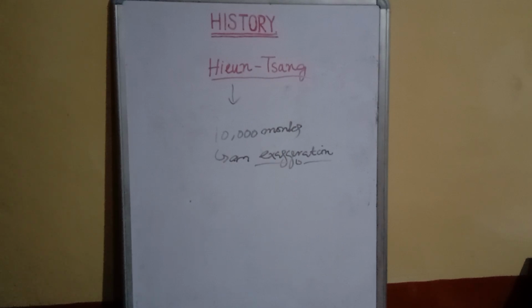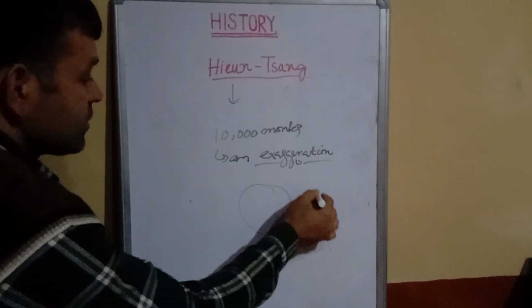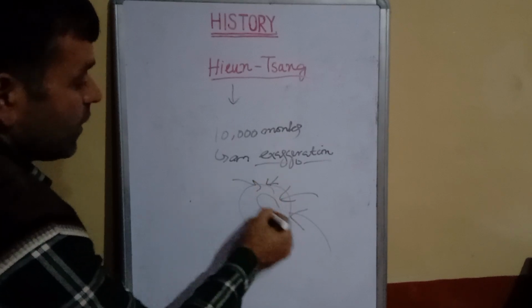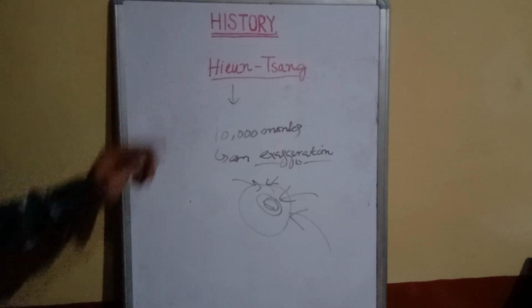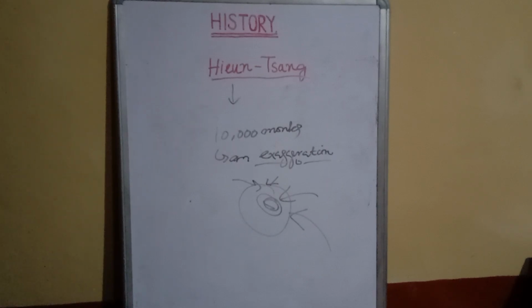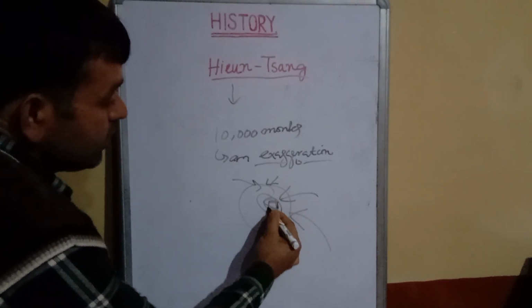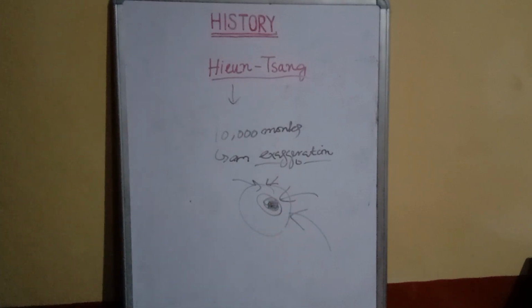And he also wrote that monks came from different countries to this Nalanda learning center. But for this, there was an entrance exam, and after that, admission was being given.